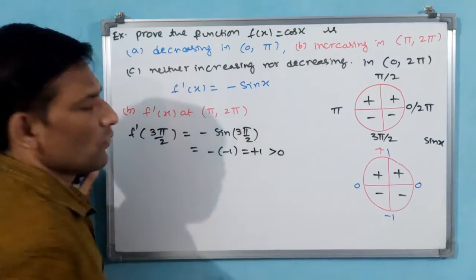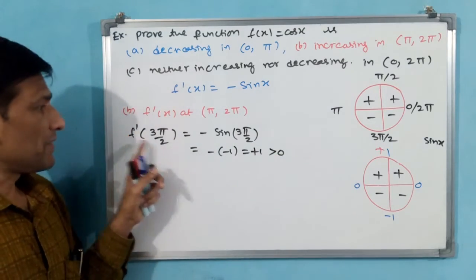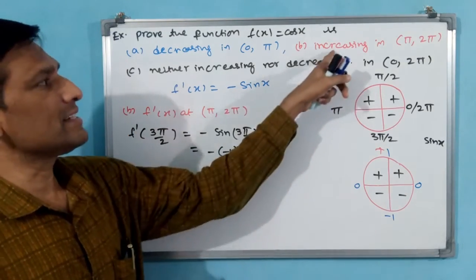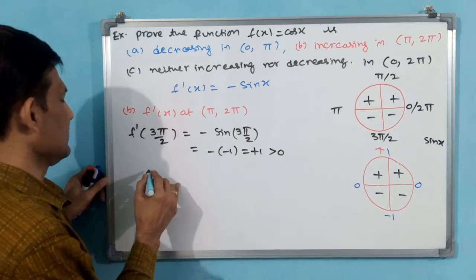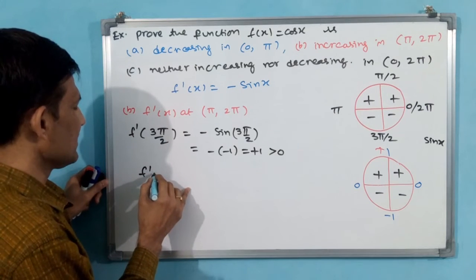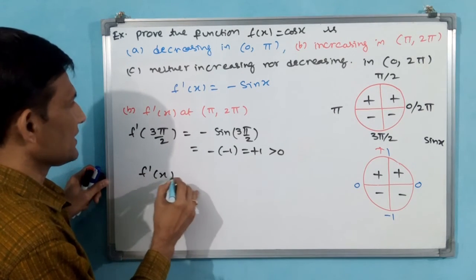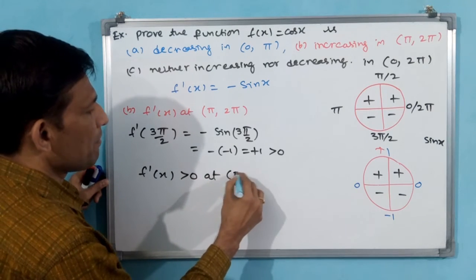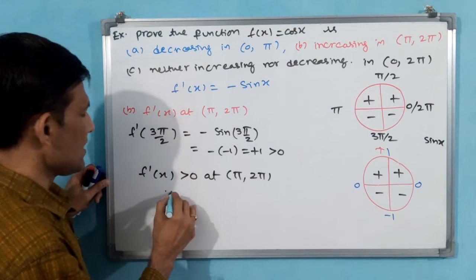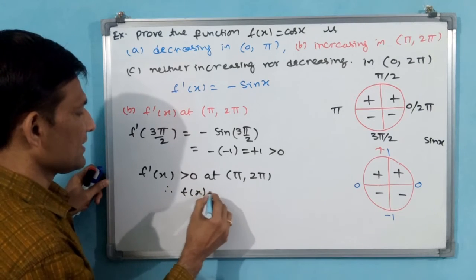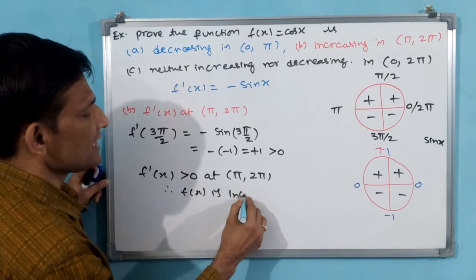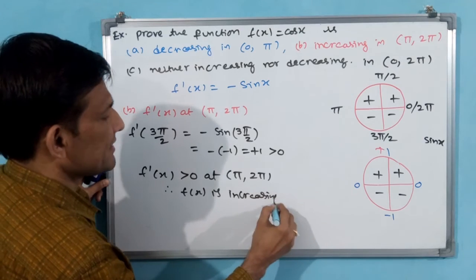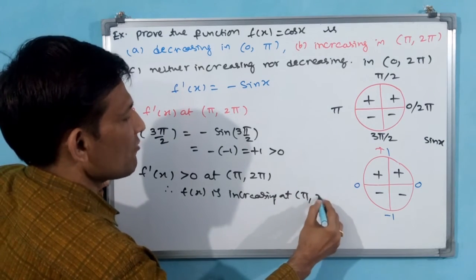This is greater than 0. If f dash x is greater than 0, what is that? Increasing function. Write down f dash x is greater than 0 at pi to 2 pi. Therefore, f of x is increasing at pi to 2 pi.